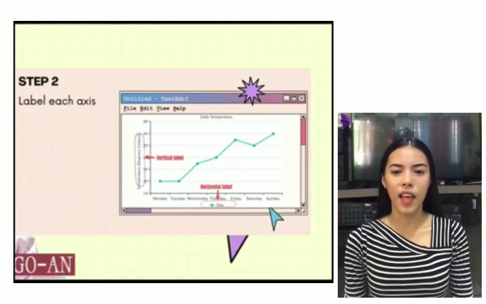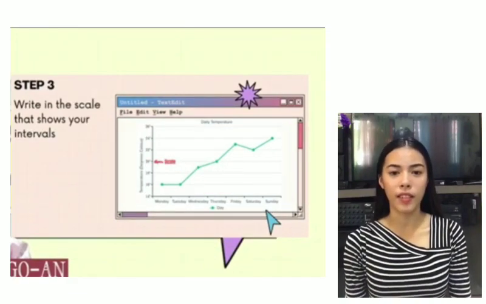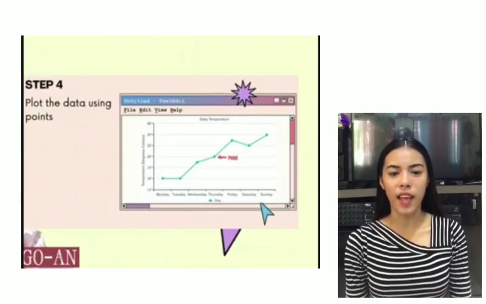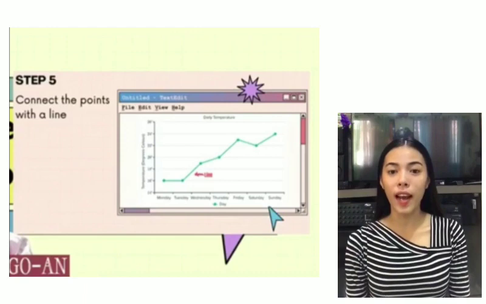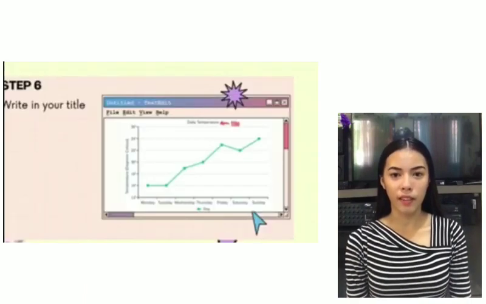The second step is to label each axis, and the next step is to write in the scale that shows your intervals, and then plot the data using points, and then connect the points with a line. And lastly, write in your title. That's it. That's how you make a broken line graph.